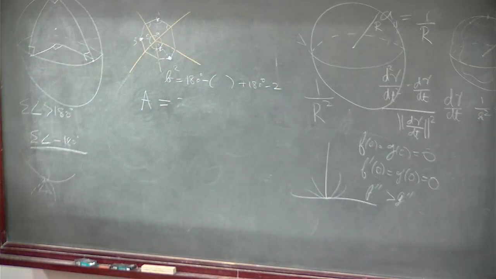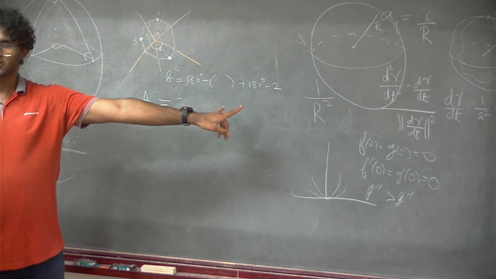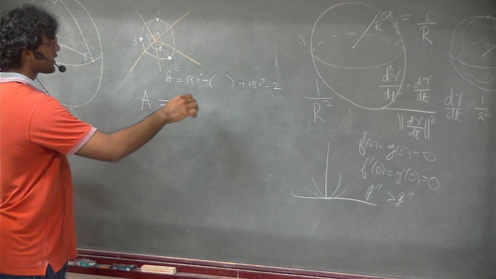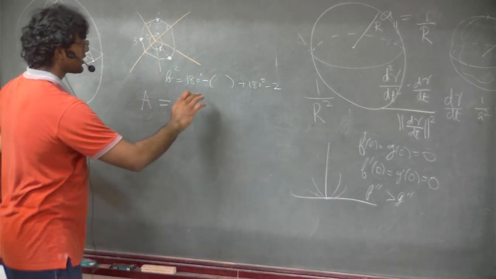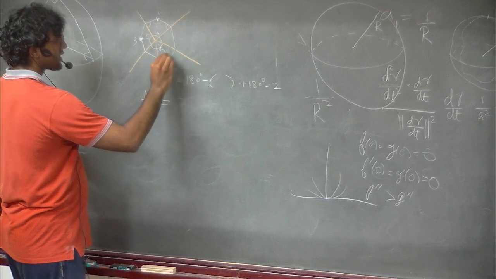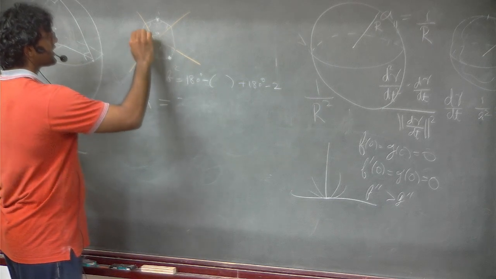I'm just splitting it into two different things. So I guess these triangles weren't really necessary. Now for every pair of angles like these, you get a factor of 180 minus something, right?